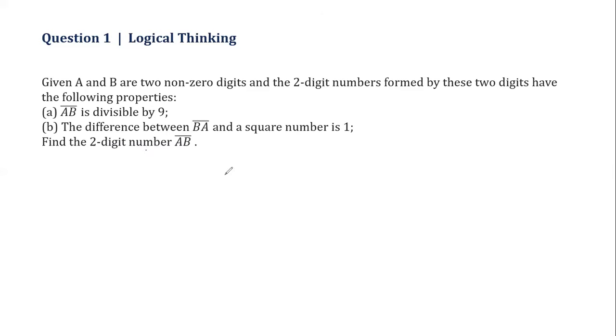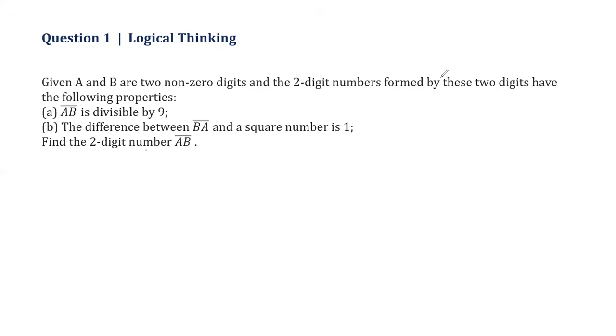Like 9 itself, and then 18, 27, 36, and more until 99. Okay, but what condition do you need to satisfy so that a number is considered divisible by 9? Someone raised a hand.